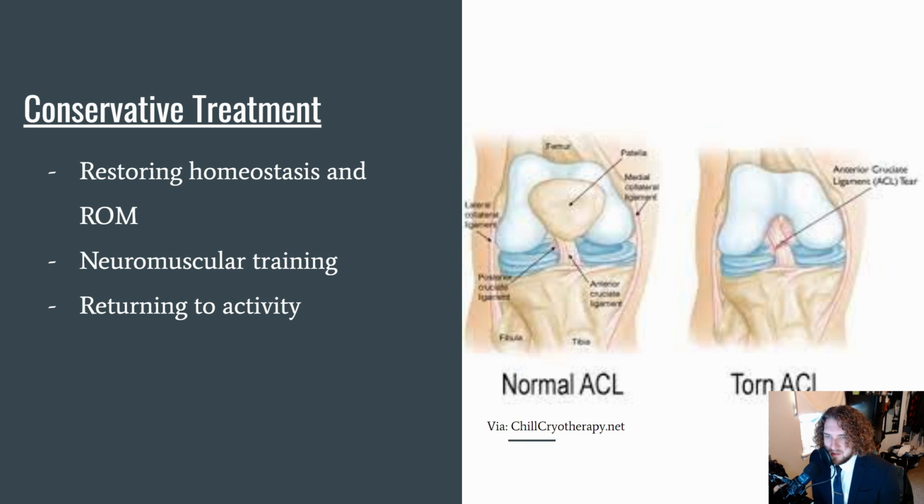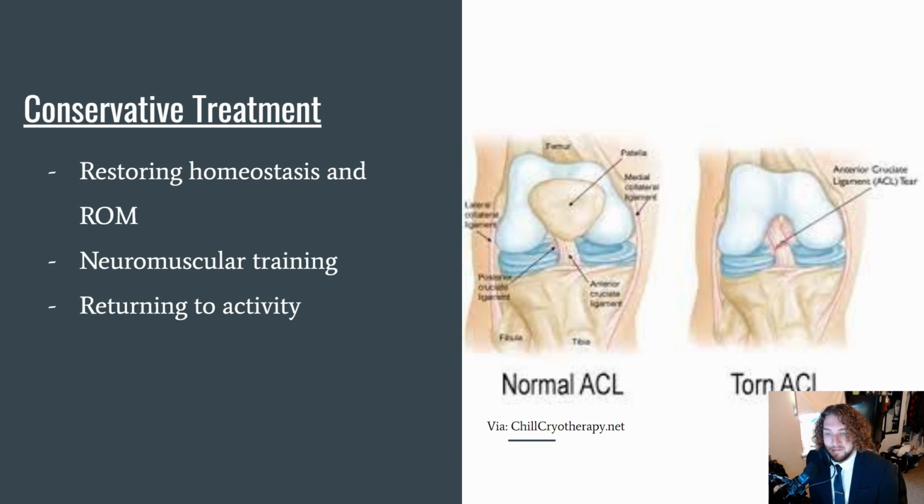Range of motion is incredibly important as well. The most important aspect of conservative treatment is neuromuscular training. This is meant to improve knee stability. So not only are your muscles and tendons and ligaments back at mostly full strength, but you are also regaining control of them so that you can use them in your day-to-day activities.